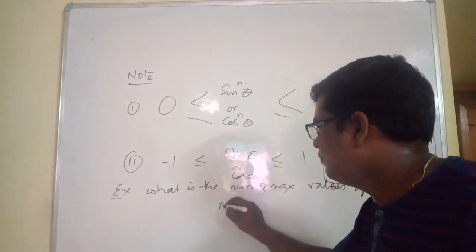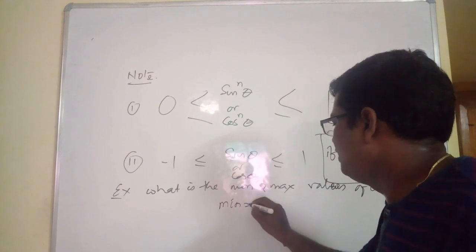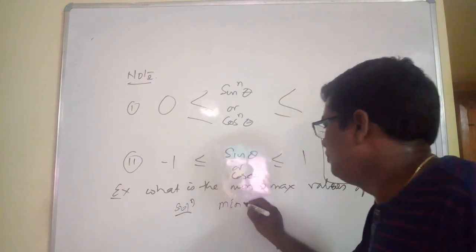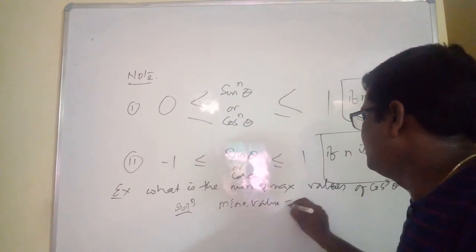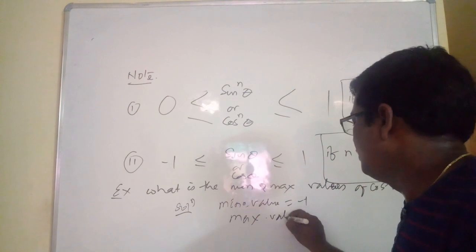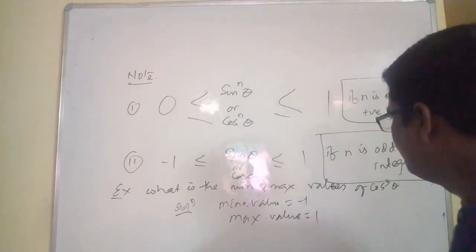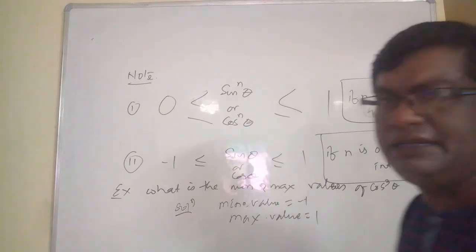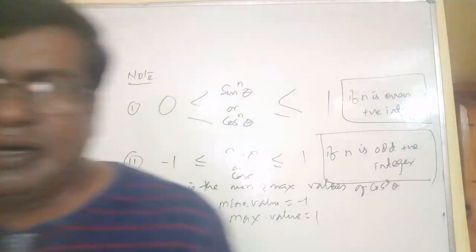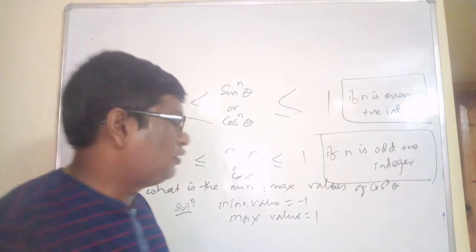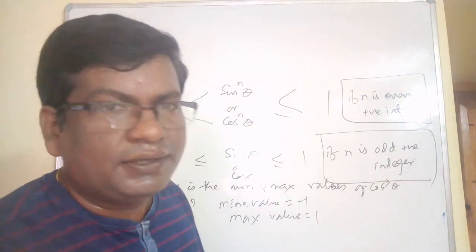This is the solution. Minimum value is equal to -1, maximum value is equal to +1, because the power is odd. Power 3 means odd. If odd power, then minimum value of sin theta or cos theta is equal to -1 and maximum value of sin theta and cos theta is +1.